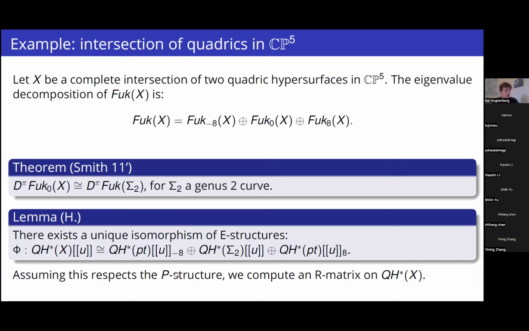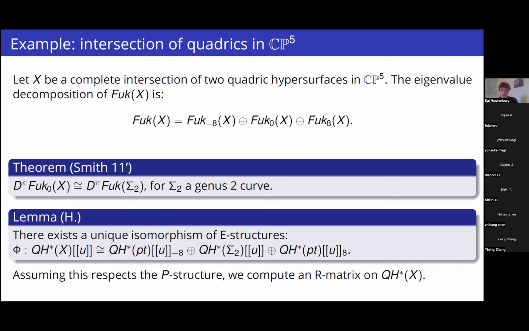And if you assume that this isomorphism also respects the P structure, which I haven't yet been able to prove, then you obtain an R matrix for the quantum cohomology of X. To check that it's actually an R matrix, you need it to respect the P structure as well.